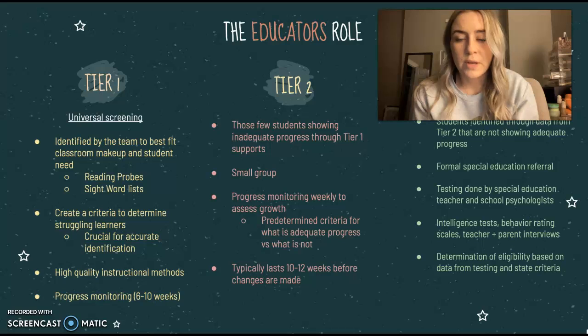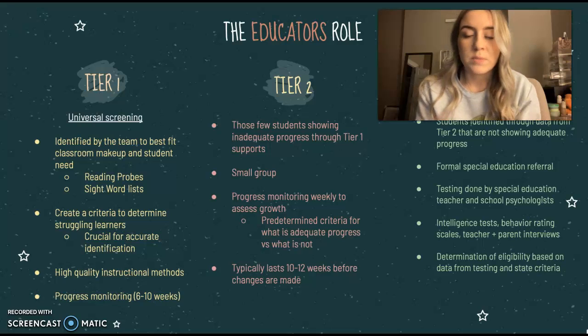There is more progress monitoring, weekly, to assess growth. Another important thing is a criteria: what is adequate progress within the intervention and what is not? What does that look like? How long, and what is the growth rate that you're looking to see in order to assess what students need to move to more intense support?